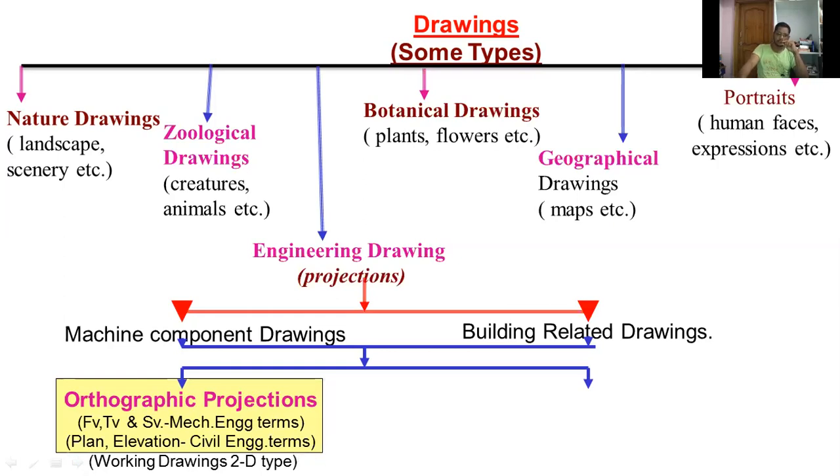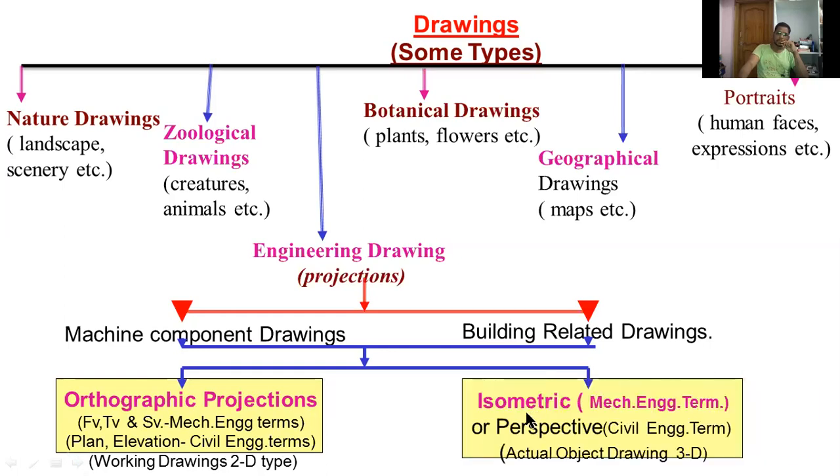Orthographic projections are 2D, two-dimensional sketches. Now isometric drawings: the isometric term is related to mechanical engineering, whereas perspective projections are related to civil engineers. The actual object is a three-dimensional object.